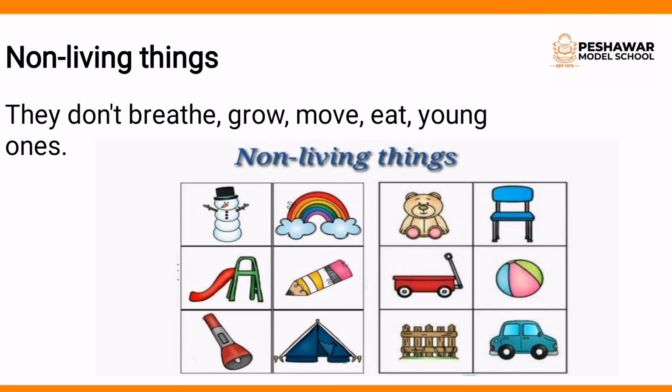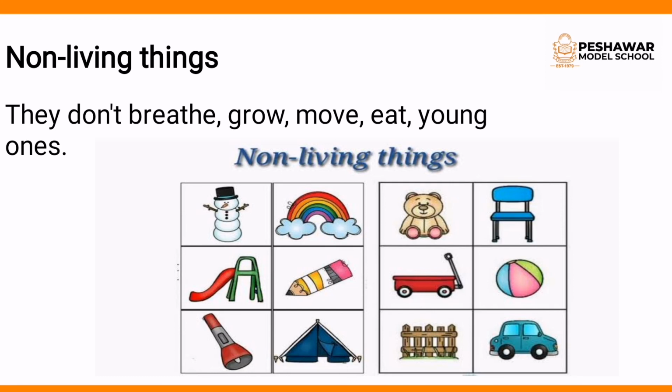On the other side, we have non-living things. Many things in the world are not alive. We say they are non-living things because they cannot move, they cannot grow, they cannot breathe, and they do not eat. They do not have young ones.